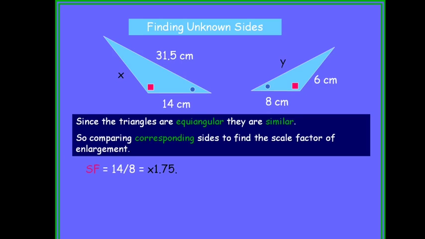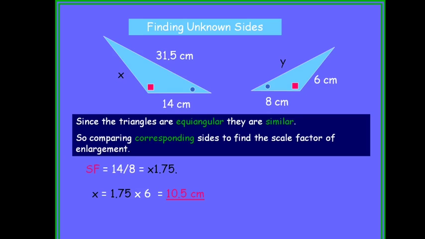I can use this scale factor to find the value of x. Here I am multiplying 1.75 with the corresponding side in the other triangle, because in the first triangle, x is one of the sides of the greater triangle. So we can multiply the scale factor with the corresponding side to get the length of x.